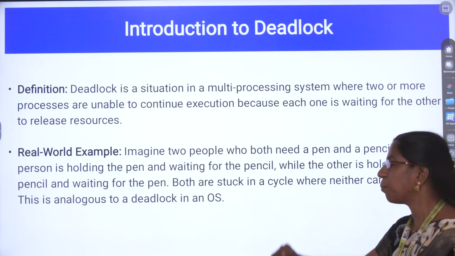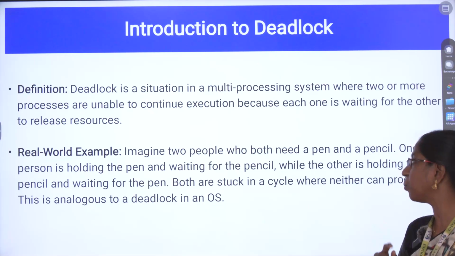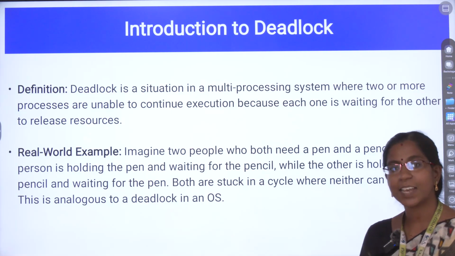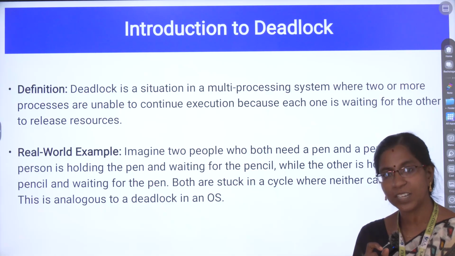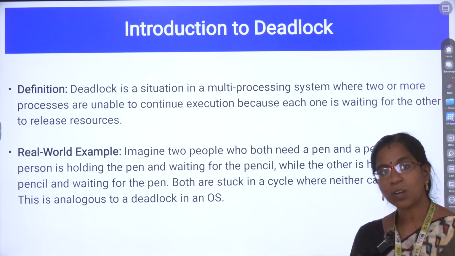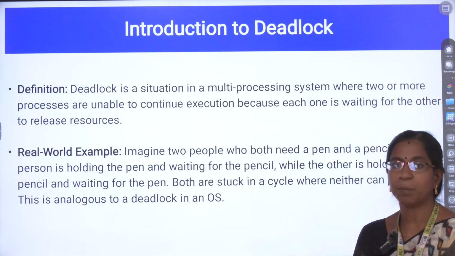For example, if we take two people, one person is holding a pen and another person is waiting for the same pen.